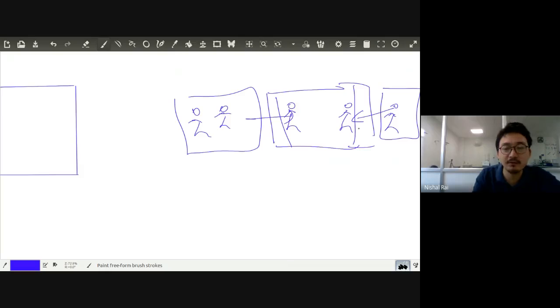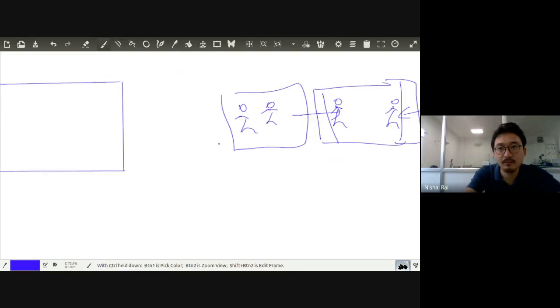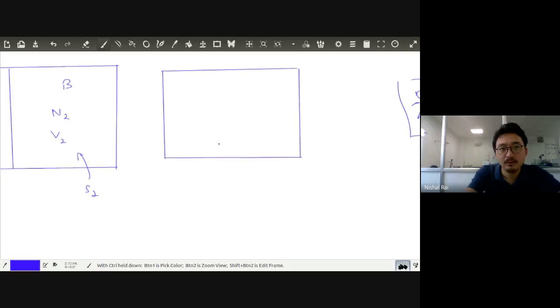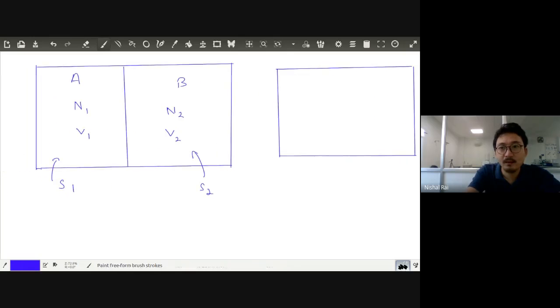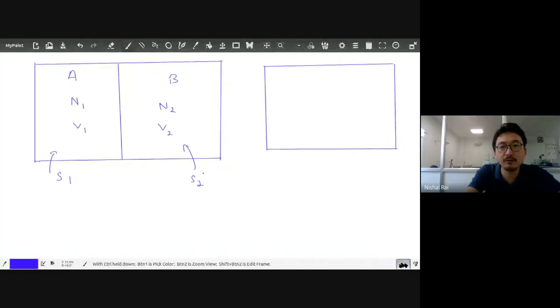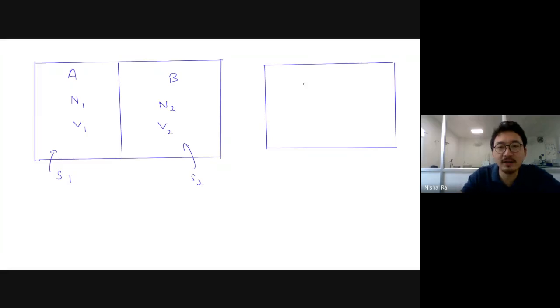It will definitely increase. So that's why the entropy will increase. So when you open this, the new entropy, let's call it S3, will be greater than the sum of the two entropies which you had previously, because the entropy will increase.